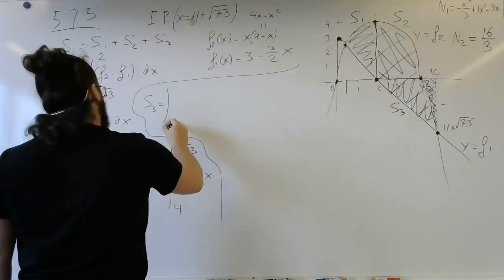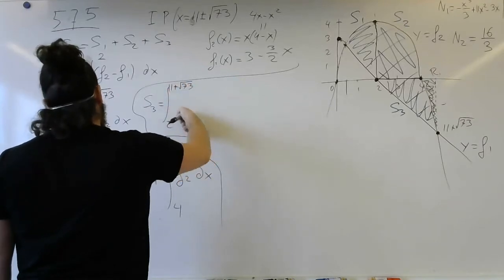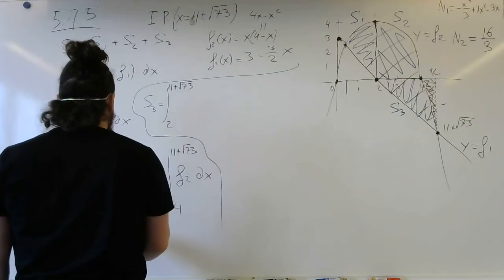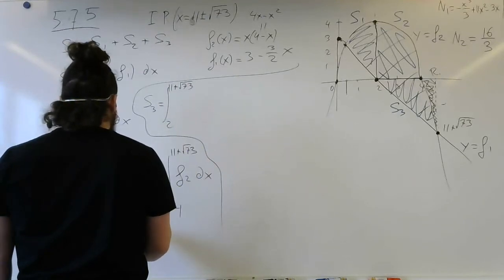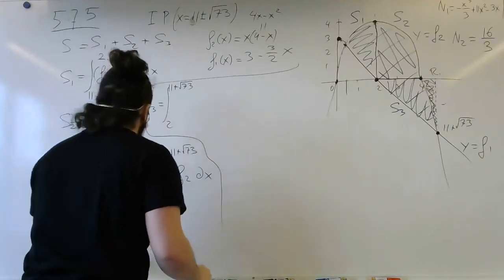This is the integral from 2 to 11 plus the square root of 73. What? Wait. Give me a second.